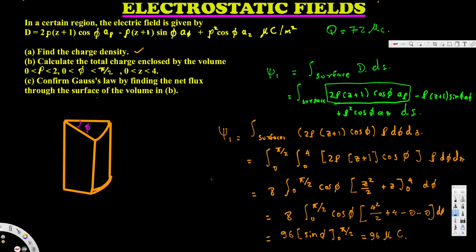Okay, so this is what we have. And also the flux density through the flat surface at phi equal to 90 degree is going to be sine 90.